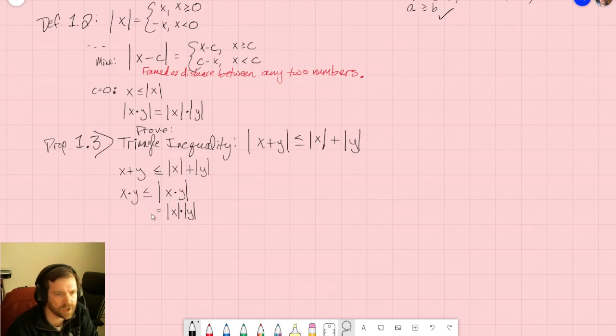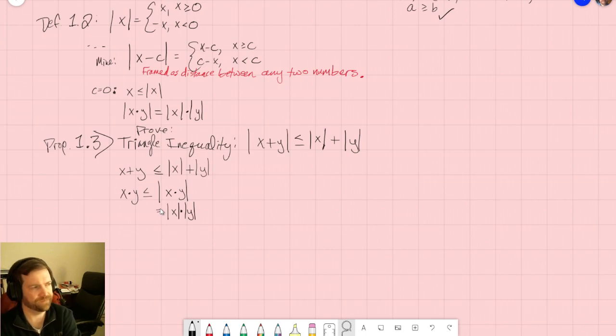I'm liking my chances of figuring out some sort of squares thing. I don't need that, that might be too complicated. Alternatively, we might be able to use section 1.1 up there.